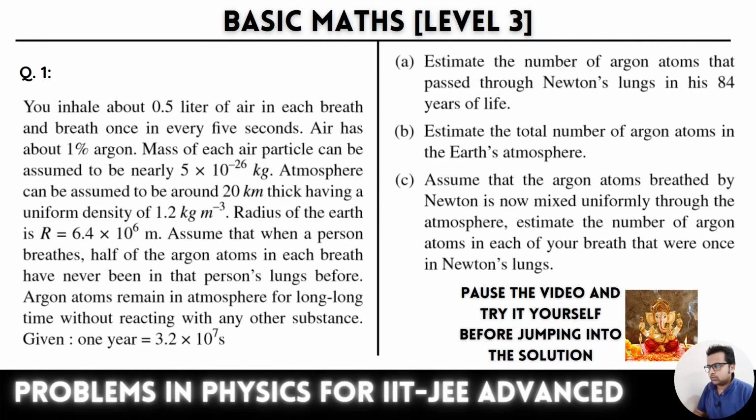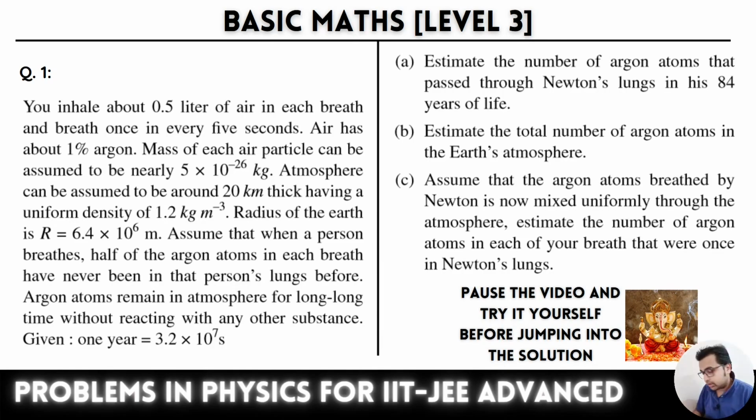Question 1. You inhale about 0.5 liter of air in each breath and breathe once in every 5 seconds. In the question it is given that once every 5 seconds we breathe, and during each breath we inhale 0.5 liter of air.